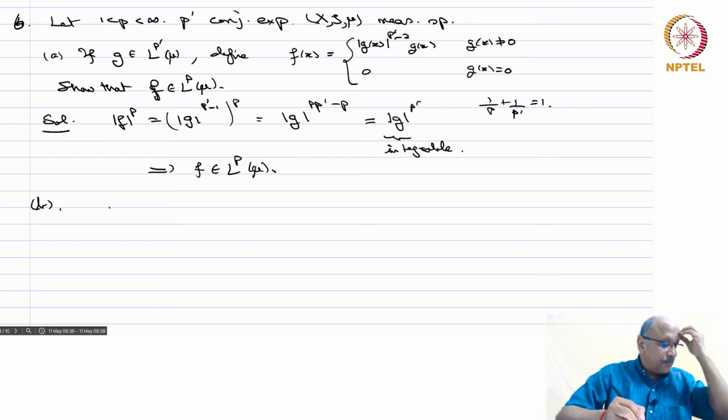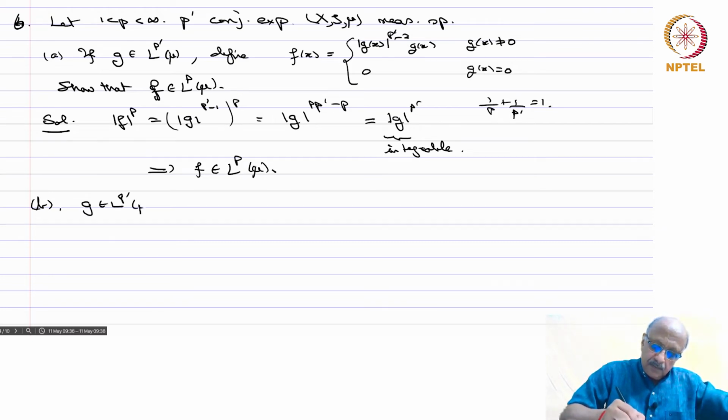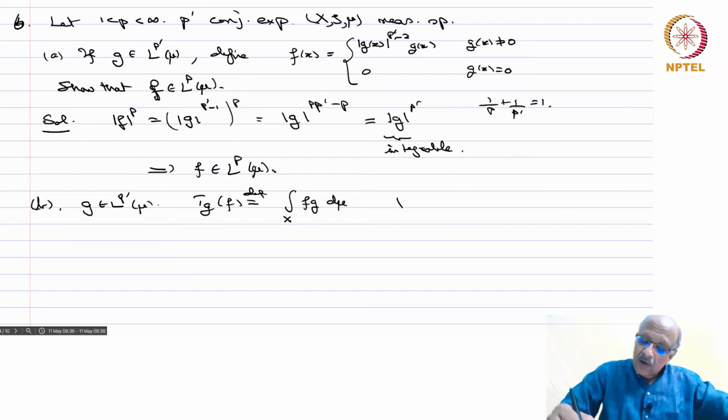B, g in L^p dash(mu), T_g of f, definition is integral f g d mu over X for every f in L^p(mu). Then T_g belongs to L^p(mu) dash and norm T_g is equal to norm g_p dash.